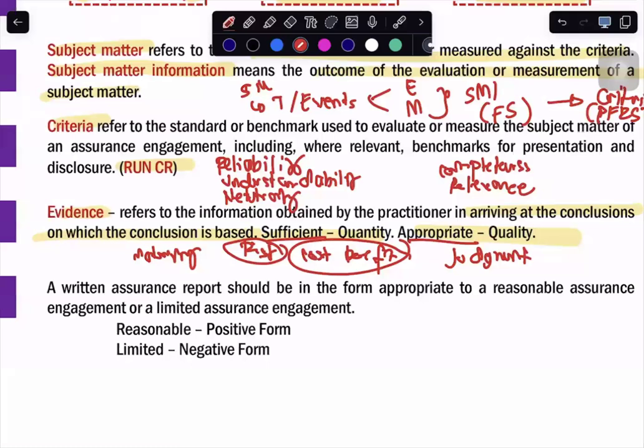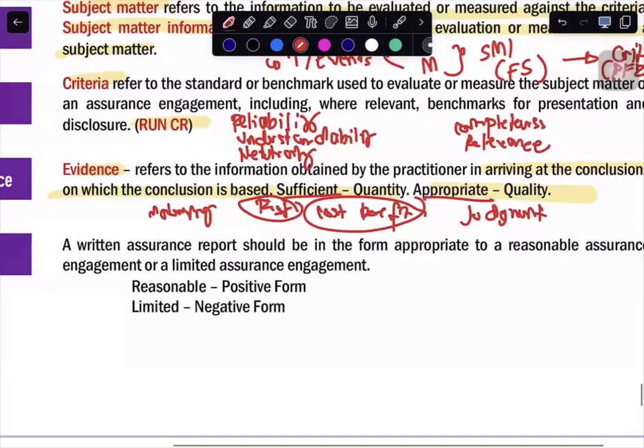Next, we have your risk. So we look into our acceptable risk, our audit risk. As I told you, our audit risk is composed of our inherent risk, your control risk, and your detection risk. So based on our audit risk, we determine the sufficiency and appropriateness of our evidence.